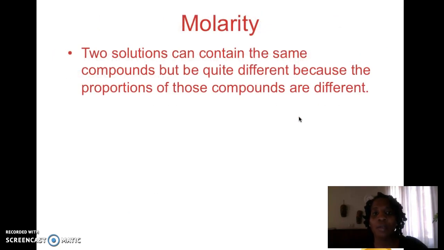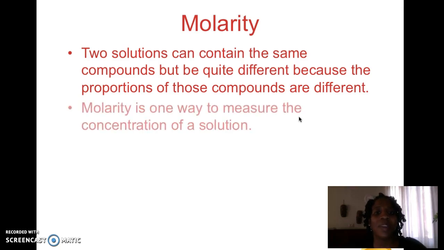So we have a unit that we use, a combined unit that we use to represent the concentration of a solution, called molarity. So we have 2 solutions that can contain the same compounds but be very different because of the amounts of the compounds that they contain.